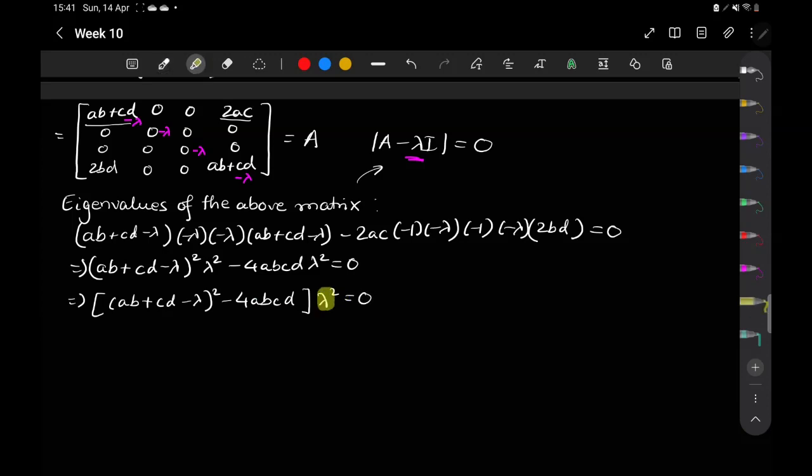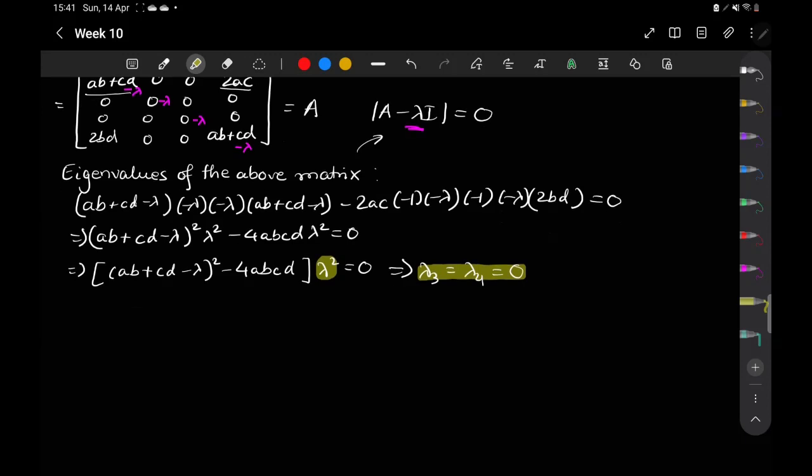So from this part we get lambda 3 equals lambda 4 equals 0. Why lambda 3, lambda 4? Because these are 0 and in descending order we will write. So lambda 1 and lambda 2 will be greater than 0. That's why. Now let us look at this term.